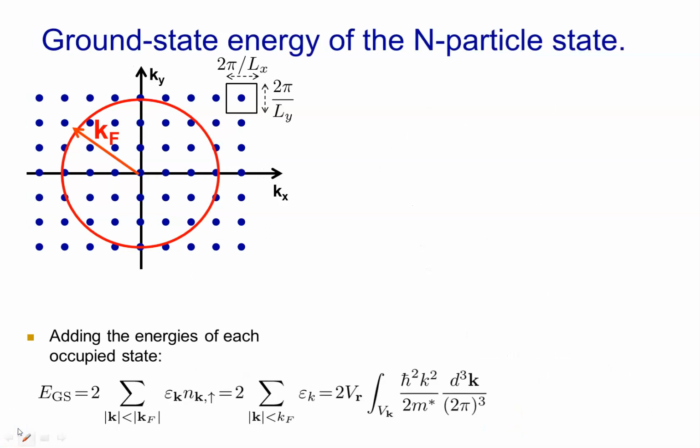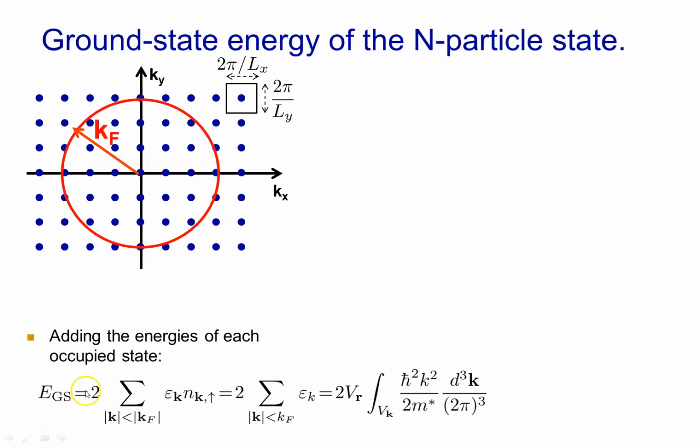All right, now we can talk about the ground state energy of this n-particle state, right? So you have all these states filled with n particles, and we can calculate the total energy now, not the Fermi energy, the total energy of the gas, right? So how do we do that? Essentially, we keep adding the energies for each of the individual states which are filled.